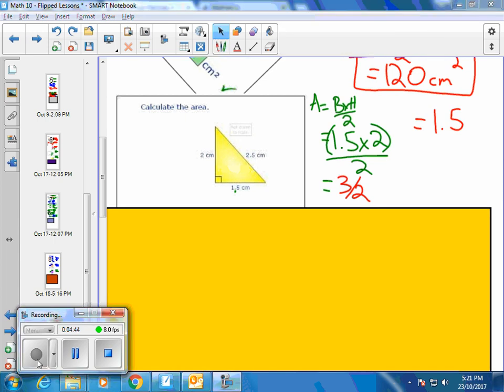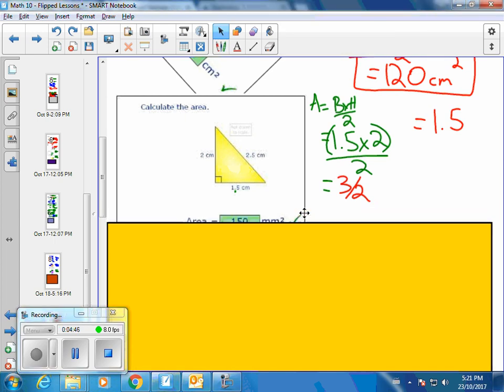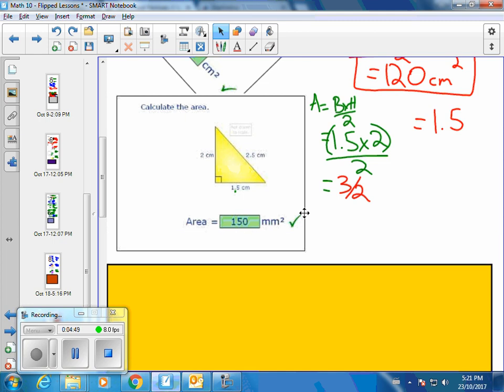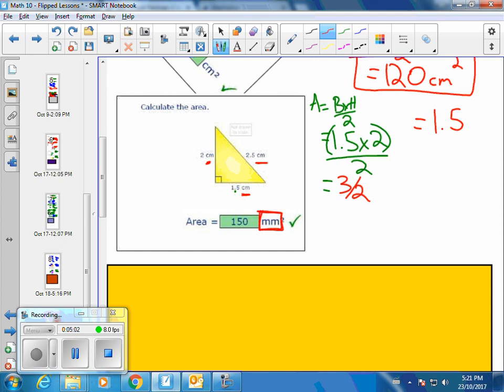Now that's probably pretty confusing if you already saw the answer down here, but once again, they're trying to mess around with units. We had centimeters up here, but they, for some reason, are asking you for an answer in millimeters squared. So what we have here is 1.5 centimeters squared, which is our area, but we now have to convert that to millimeters.